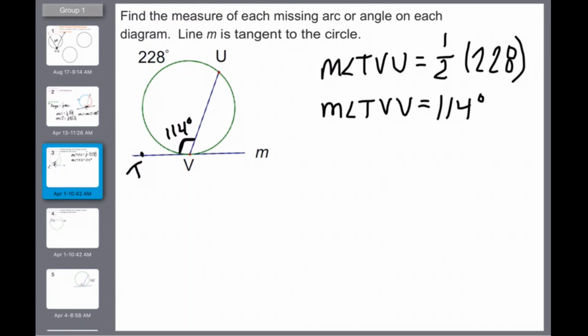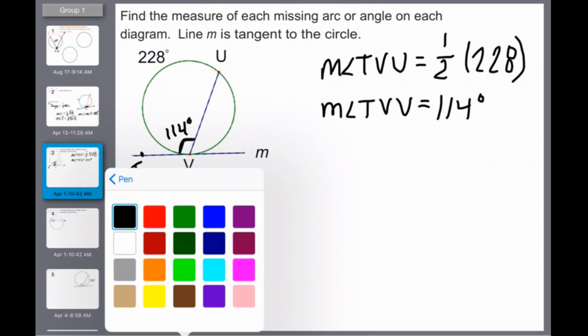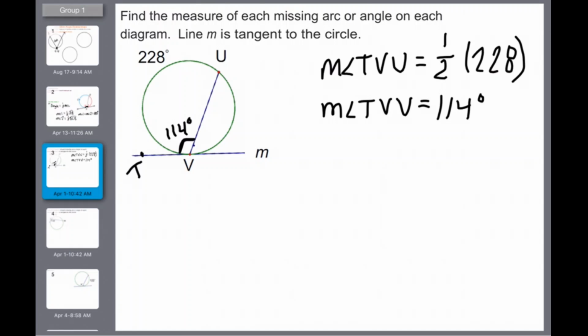All right, so we can find either our next angle on the other side here, or we can find this arc of UV if we want. So let's find UV first, actually. Because if we think about it, a circle is 360 degrees. So all the way around here is going to be 360.